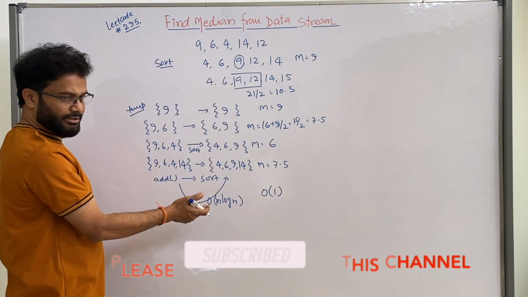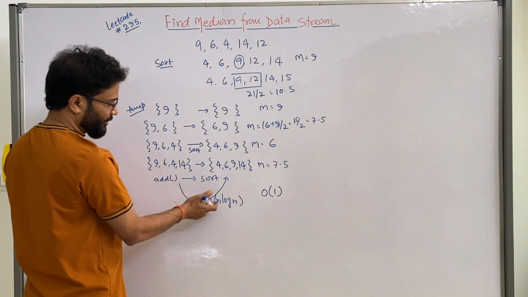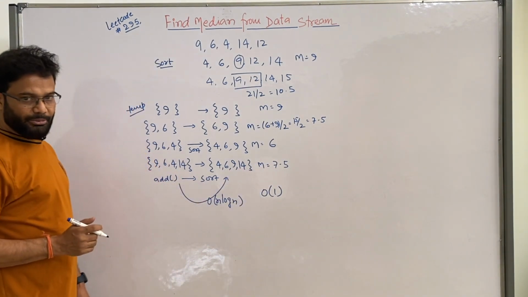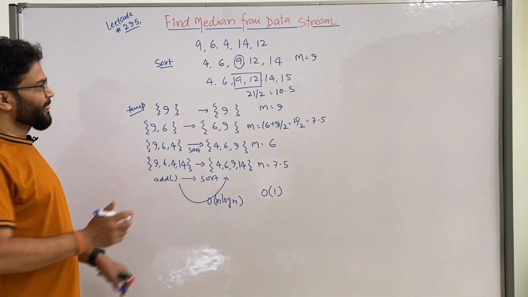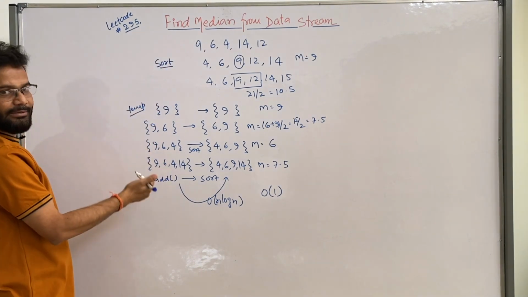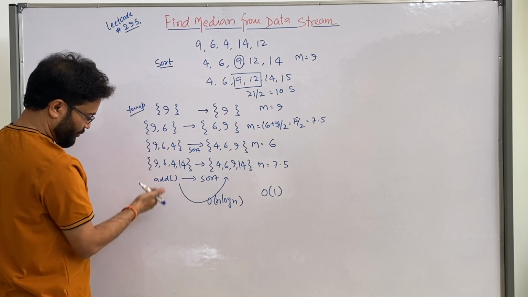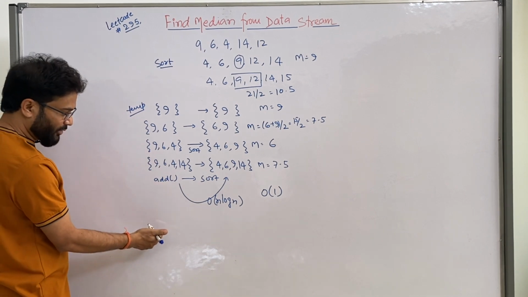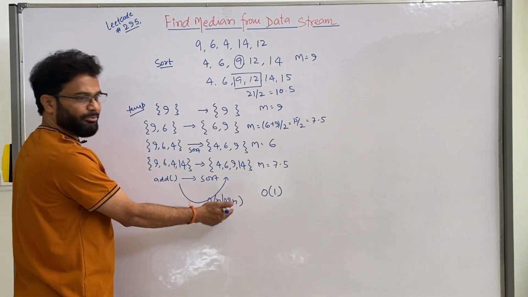So the overall cost for sorting is this, and finding the median is this, but this is for one operation. If you have n data and again you add one more data, and again one more, every time this complexity is there.